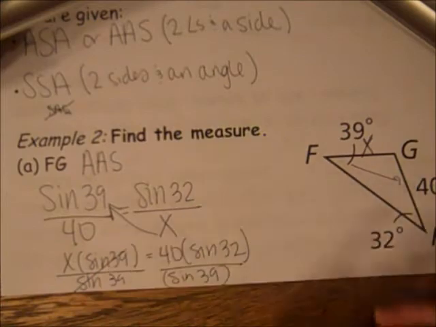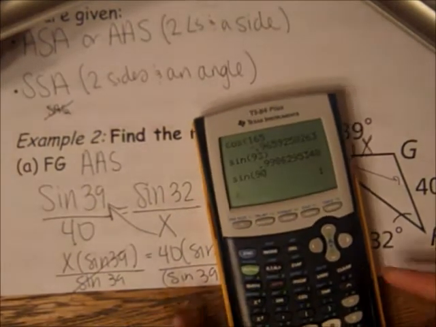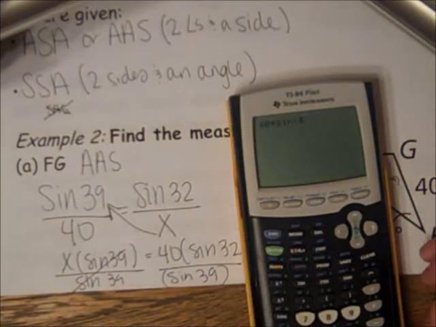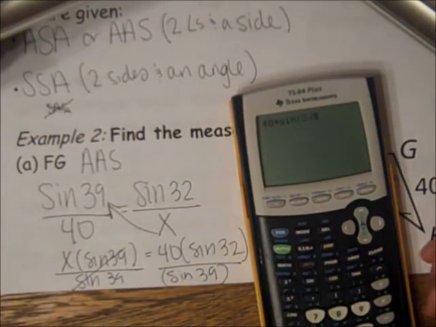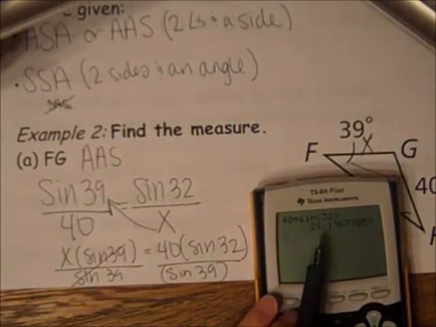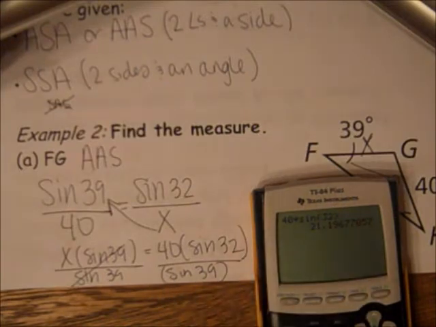Now you're just going to type all this in your calculator, and I type it in two separate pieces. I do the numerator first, 40 times the sine of 32, and then you can hit enter.